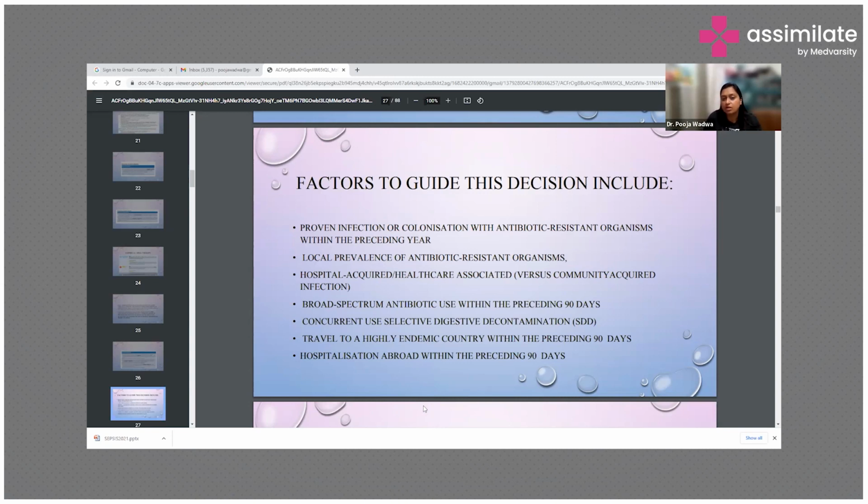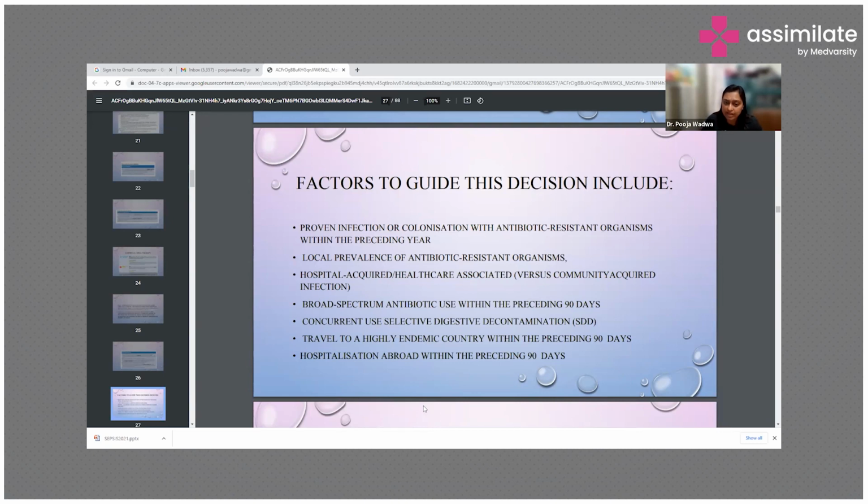If they have previous infection or colonization with these organisms, that is MDR organisms, within the last 1 year, then they are at high risk for developing it again. Now your local antibiogram, which means the local prevalence of the antibiotic resistant organisms, gives you a lot of help in deciding whether you are dealing with an MDR or a non-MDR patient.